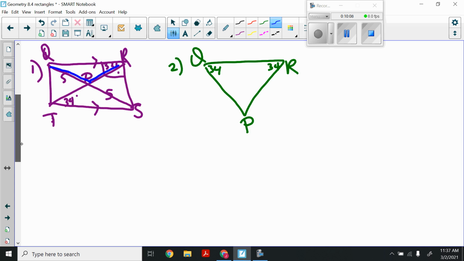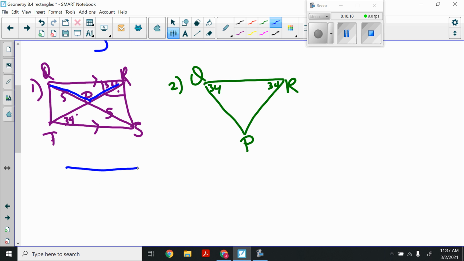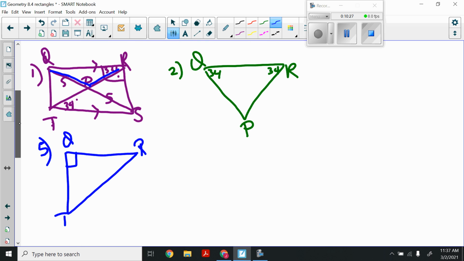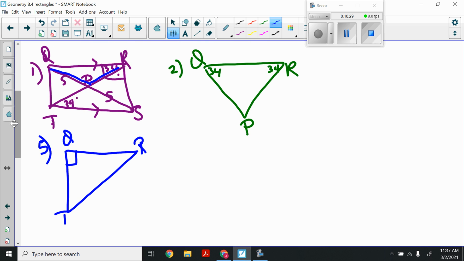So QR is what we're going to look at. I'm going to draw this. This is QRT. So this is for number 5. I have this right angle here. We already found that this other angle down here was 56 degrees. Right?